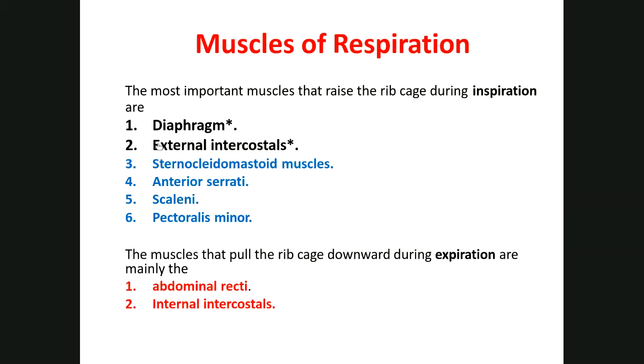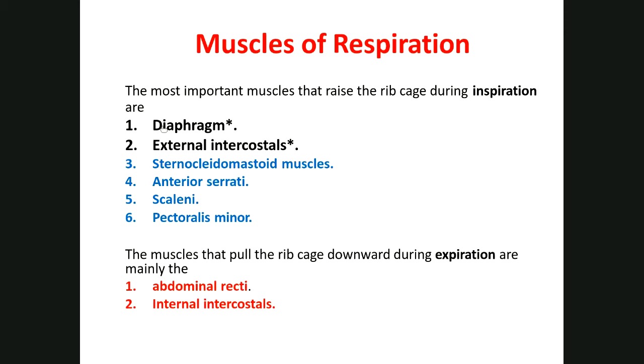These include the sternocleidomastoid, anterior serrati, scalene, and pectoralis minor. All these muscles will work on the rib cage, making the movement of inspiration faster by moving the rib cage through elevation and forward movement, the same action as the external intercostalis muscle. The movement of the diaphragm, however, is not assisted in active breathing.